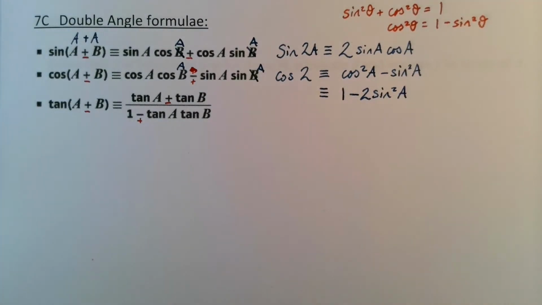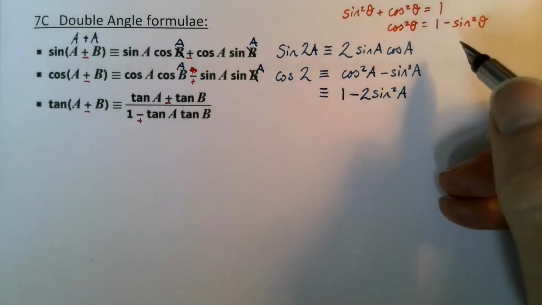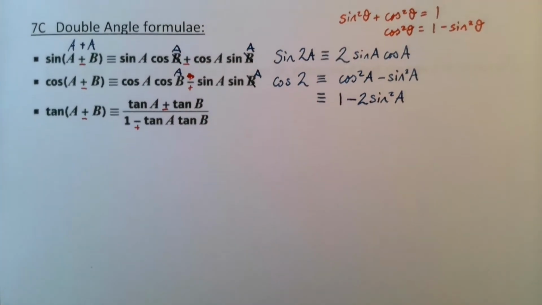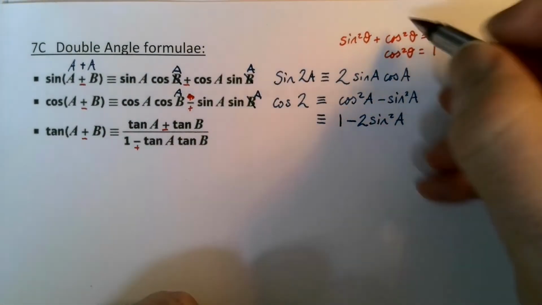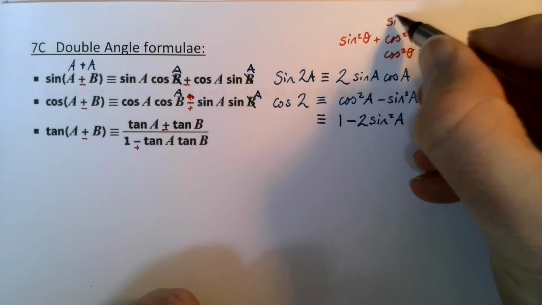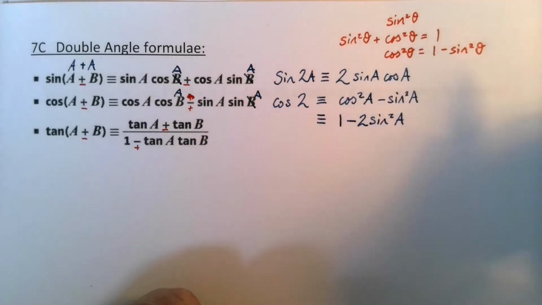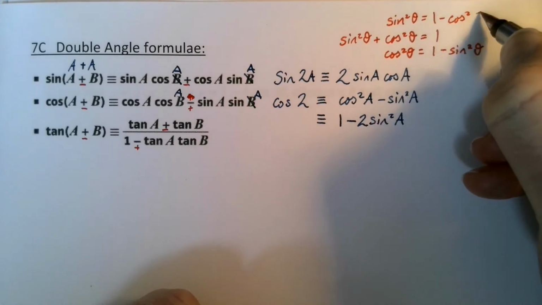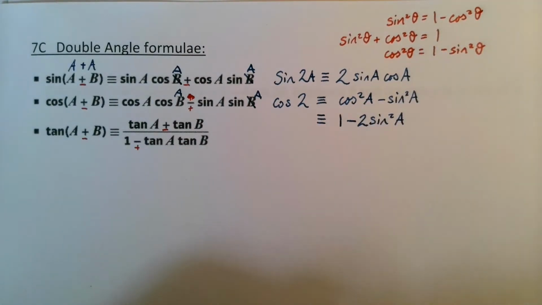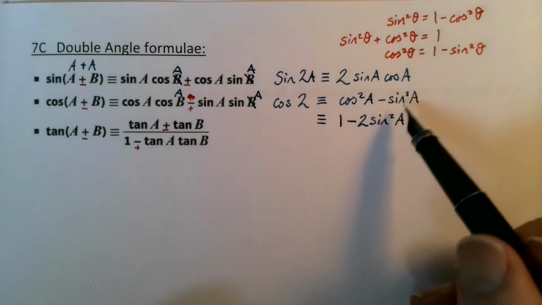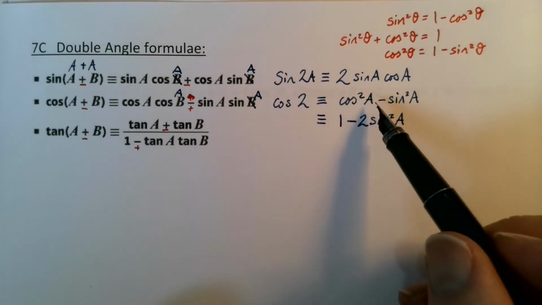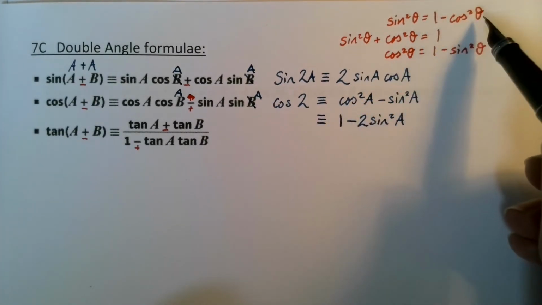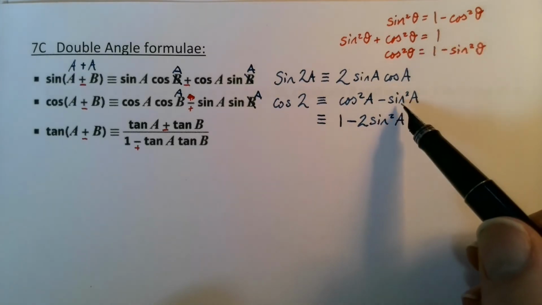Now that's not the only thing we could do with that. We could also, if I just pull this down here, we could rearrange it so that we've got the sine squared theta is equal to 1 take cos squared theta. And instead of substituting the 1 minus sine squared theta in for the cos squared, we could put the 1 minus cos squared theta in for the sine squared.